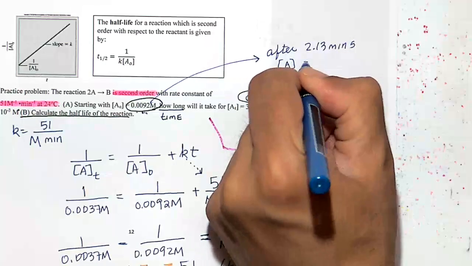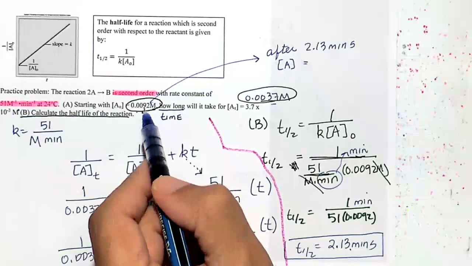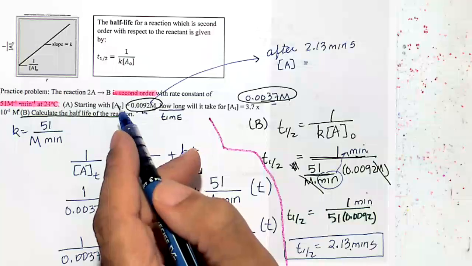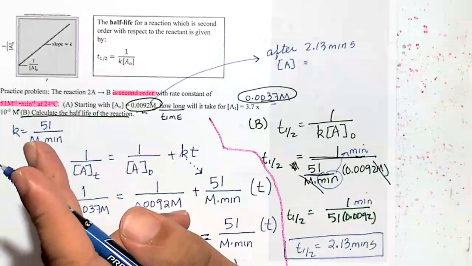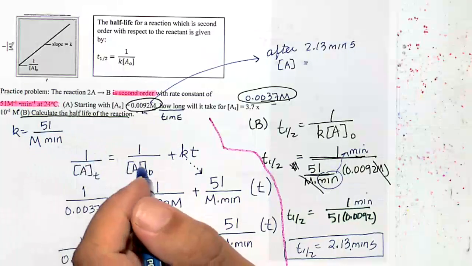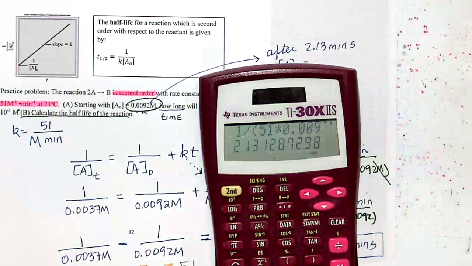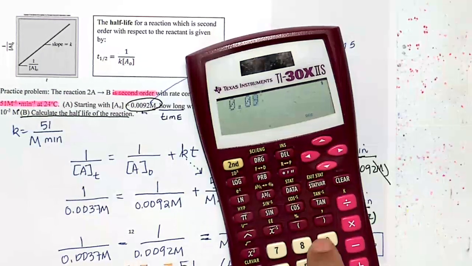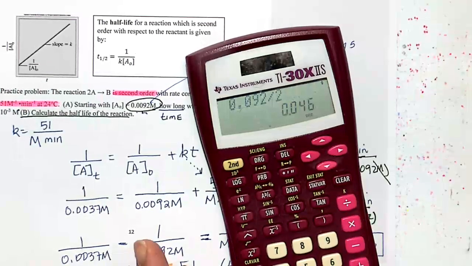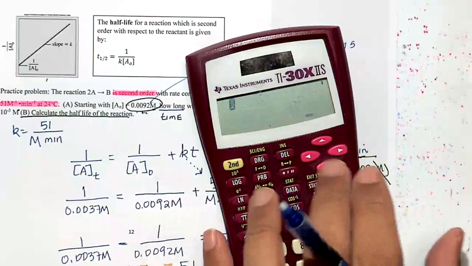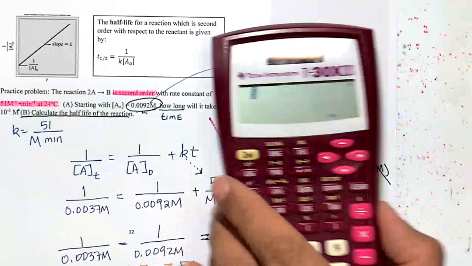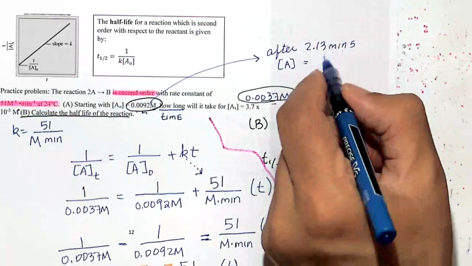It'll be 1/2. So what will half of 0.0092 be? 0.0046. Okay.